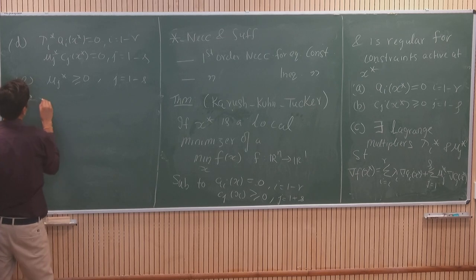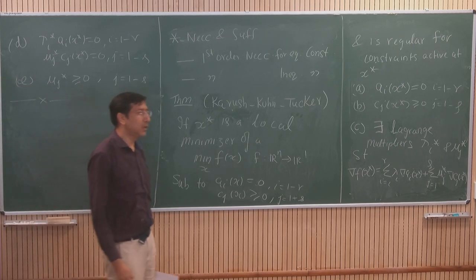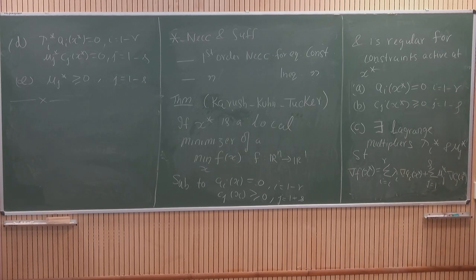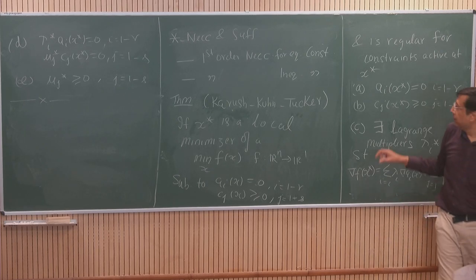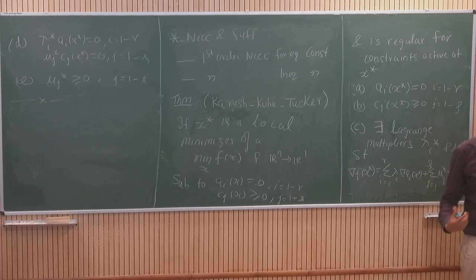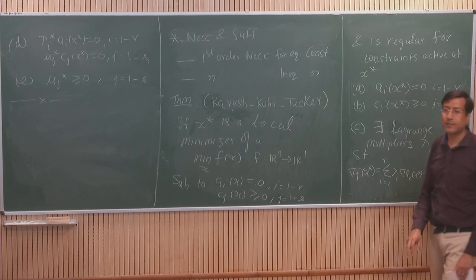So those are the 5 conditions, which we call the KKT conditions. The first two conditions are called the feasibility conditions because we are just checking that. The third condition is referred to as the Lagrange multiplier condition because the Lagrange multipliers come into play.